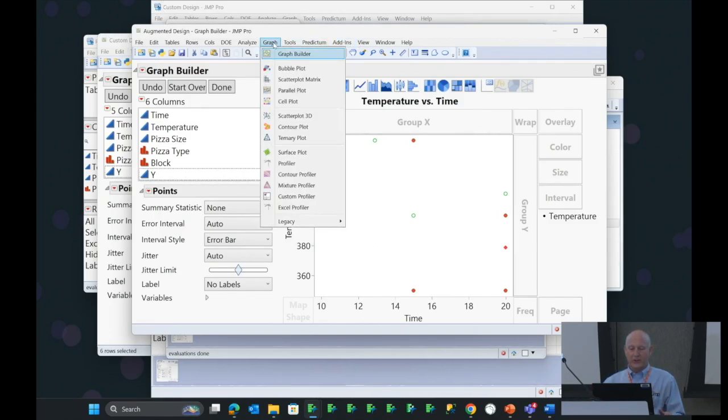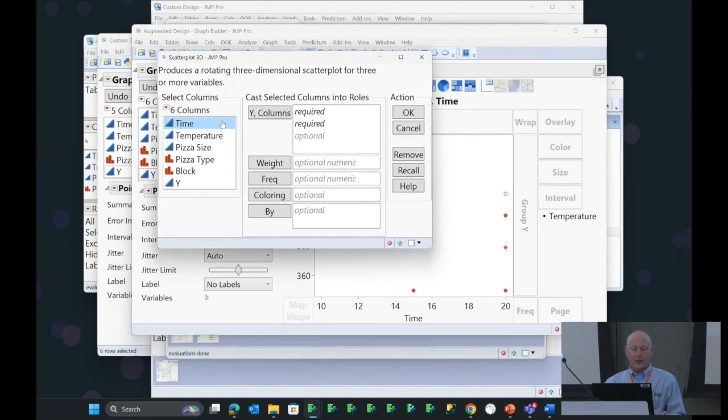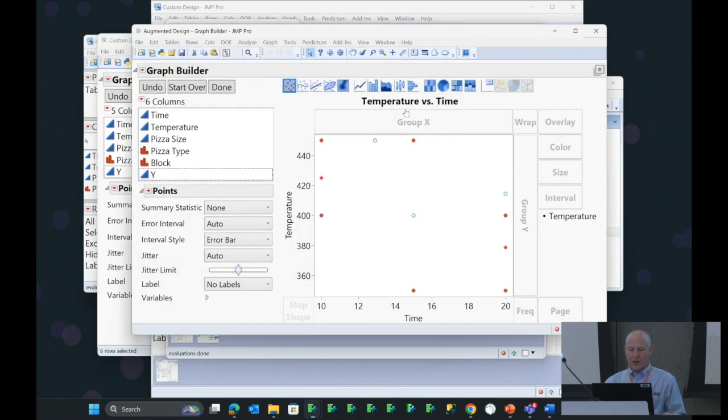You can also, if you want to see a little bit more in higher dimension, you might say, let's do a scatter plot 3D of time, temperature, and size, and let's do it by pizza type, which means it'll give me 3 different cubes, one for cheese, veggie, and meat, and I might want to color by block, and we'll click OK.